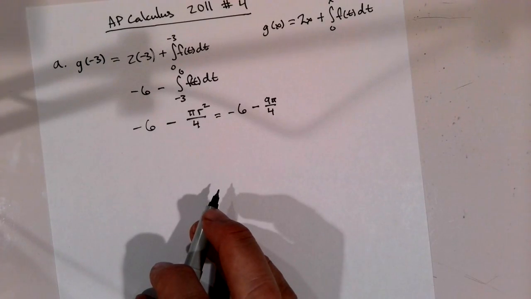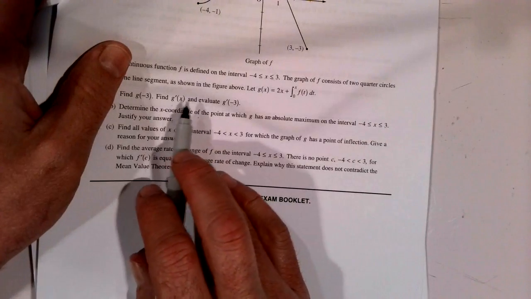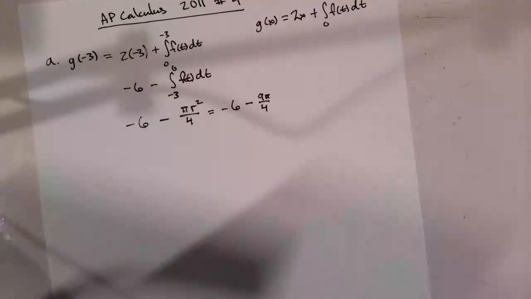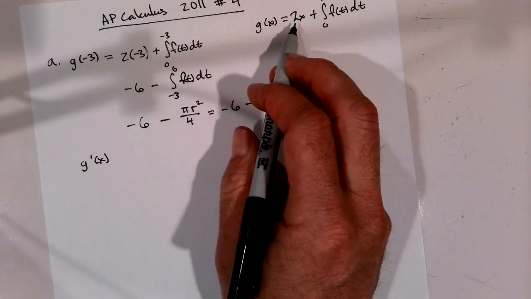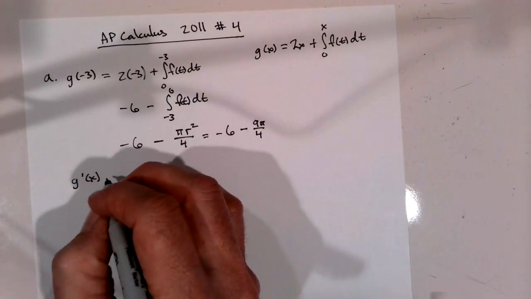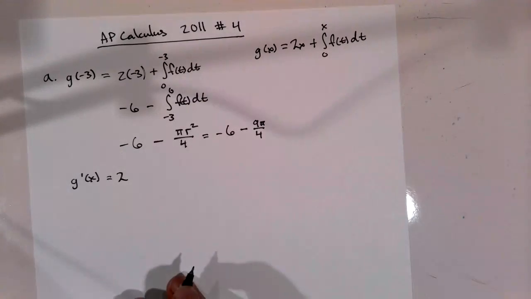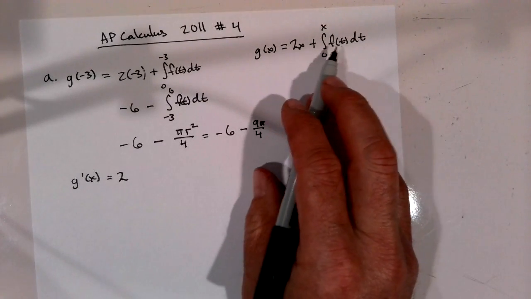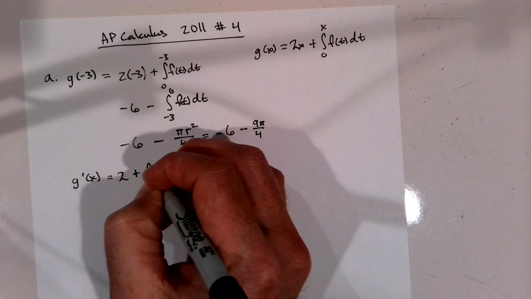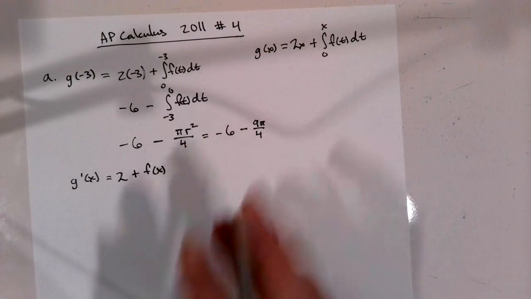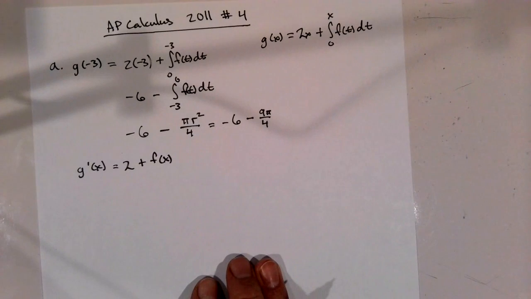It also says we should find g prime of x and evaluate g prime of -3. So g prime of x, that's the derivative. The derivative of 2x is in fact 2, and then the derivative of the integral is plus f of x. Okay, so that's my derivative.